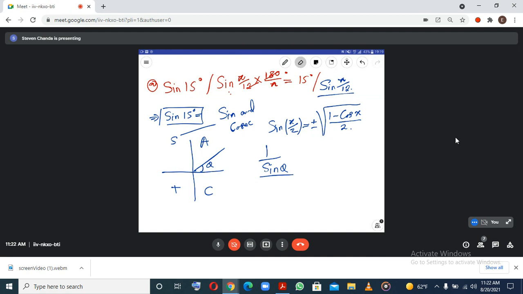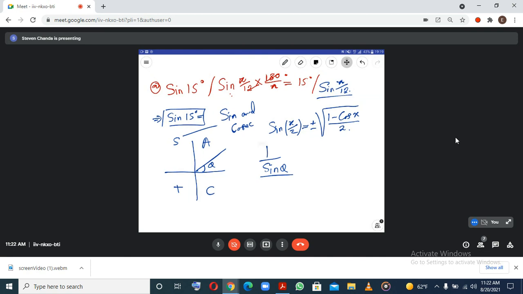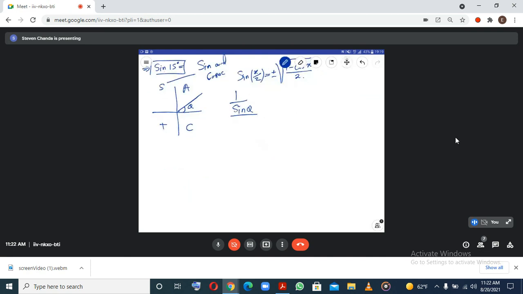Then the other thing I would like us to take note of: let's now go to the third quadrant. So this is the first, this is the second, this is the third, and this is the fourth quadrant. Then tan in the third quadrant is going to be positive, but it's not only tan, it's going to be tan and cot.